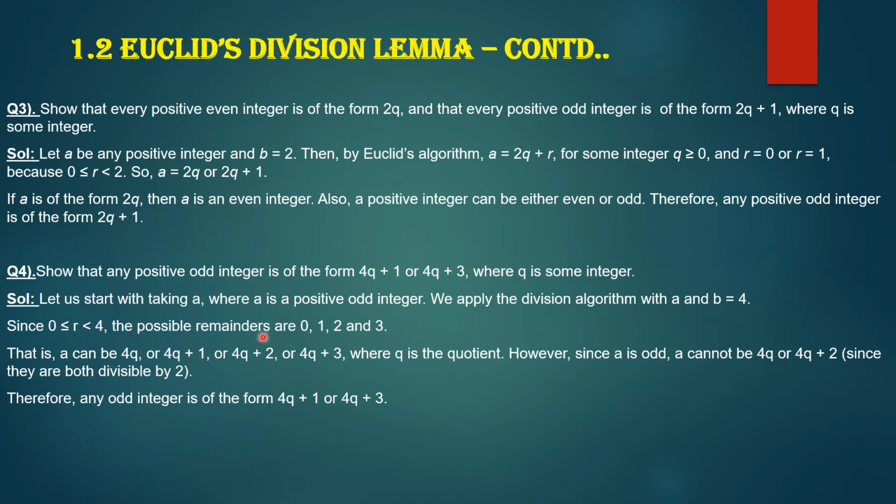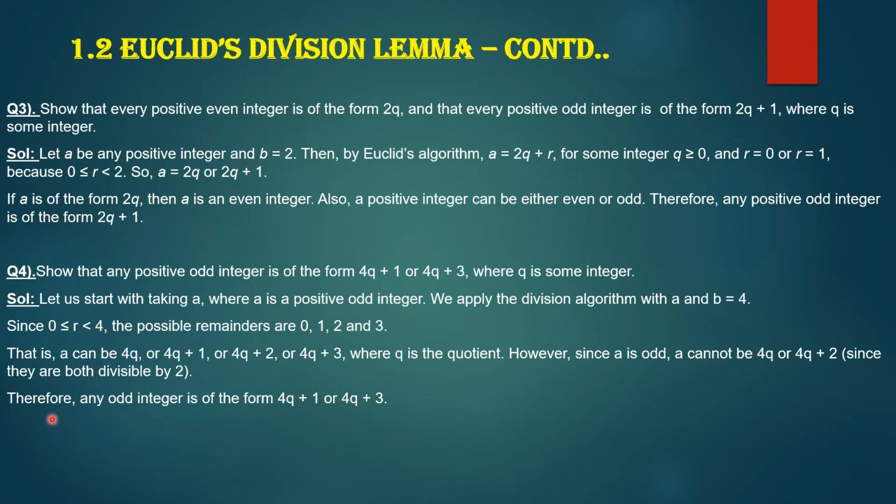But the moment plus 2 or plus 0 is getting added, the numbers are not odd anymore, because you can start dividing this number and this number by 2. And the moment any number is divisible by 2, it's not odd anymore.